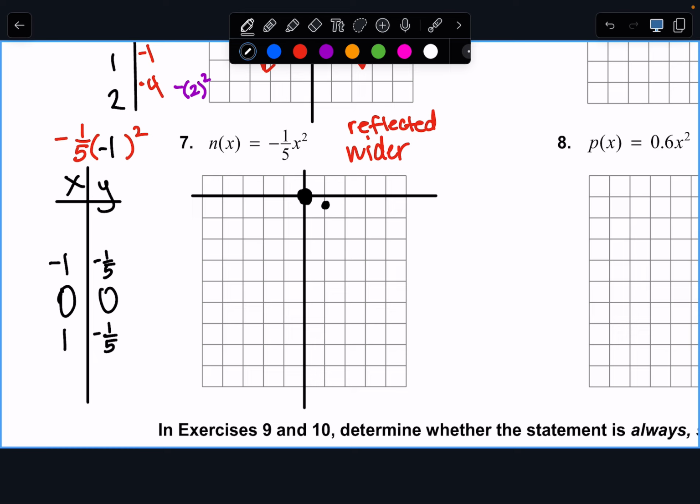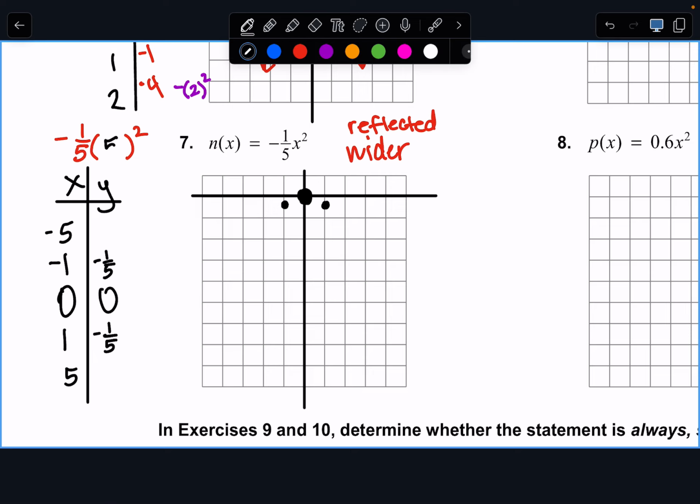Now, here's the deal. I don't really want to be graphing fractions. What would be a nice number to plug in? Maybe we could say like 5. Would 5 and -5 be nice to plug in? Because what's 5 squared? 25.